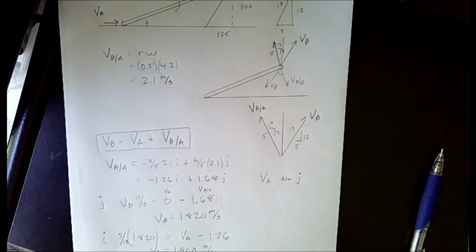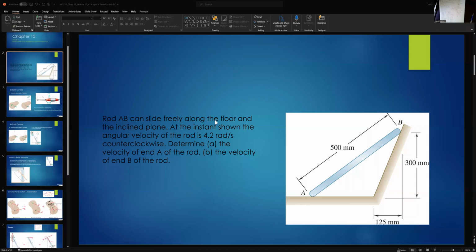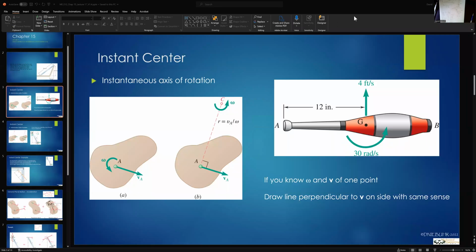But let's look at instant center and talk about what that means. Instant center is the idea that if you draw a perpendicular line from your velocity, you can find a point in space which has no motion.